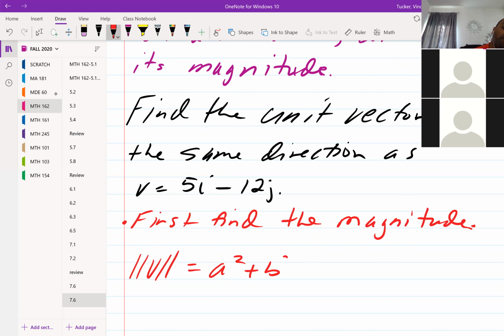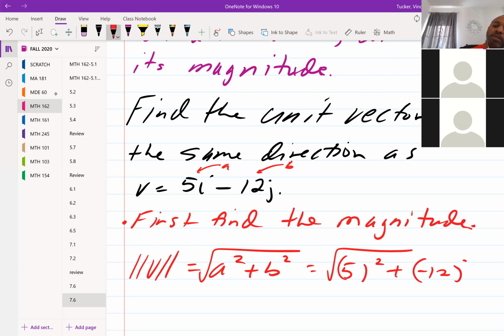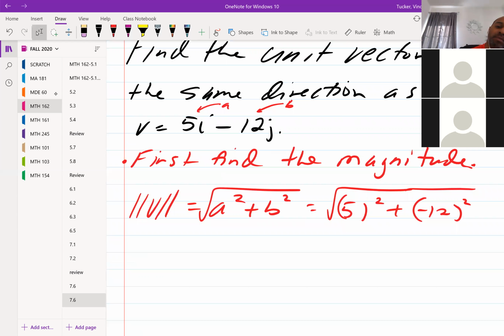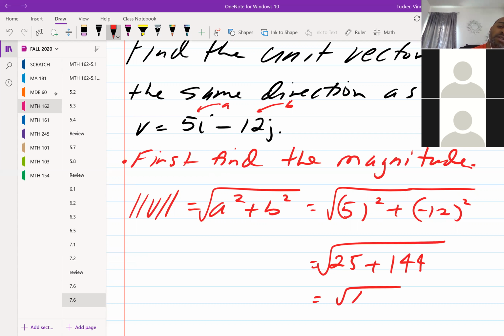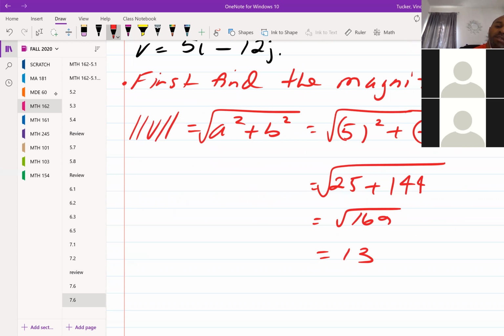So that's the square root of a squared plus b squared, where the first part is a, second part is b. So 5 squared plus negative 12 squared, 25 plus 144. It's 169. Square root of 169 is 13. So the magnitude of v is 13.